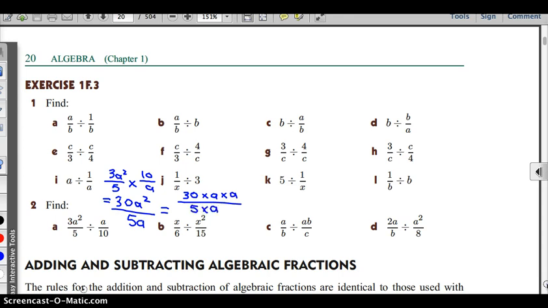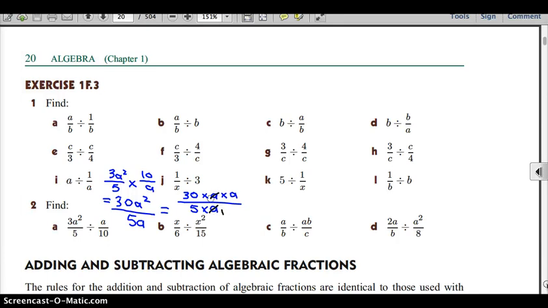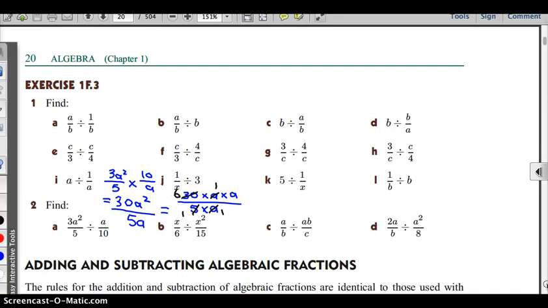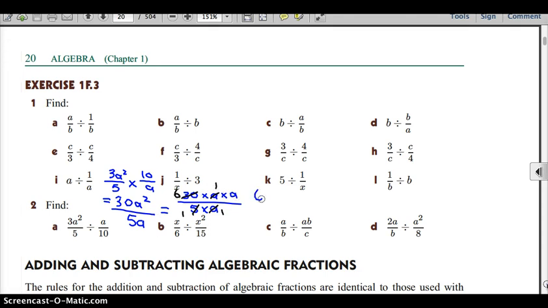Ideally, you can see that these have a common factor of 5. 5's going into that once, 5's going into that 6 times. Okay. And what we're left with therefore is 6 times 1 is 6, times a is 6a.